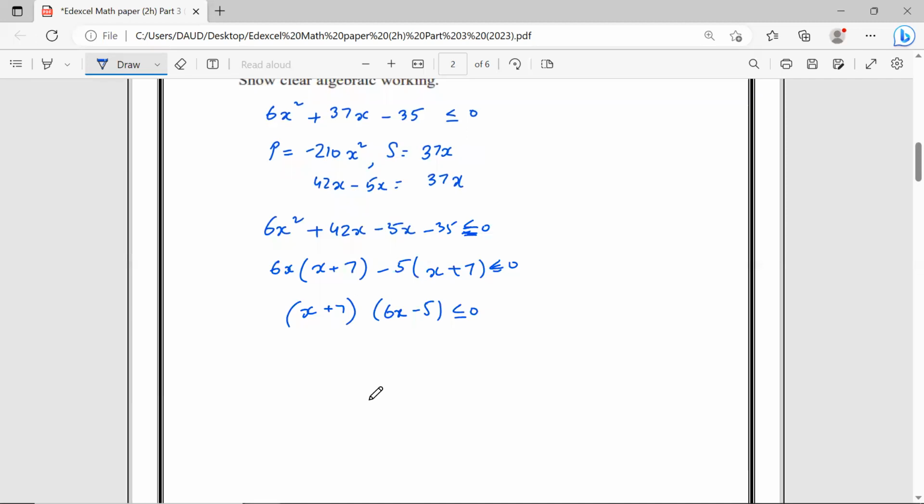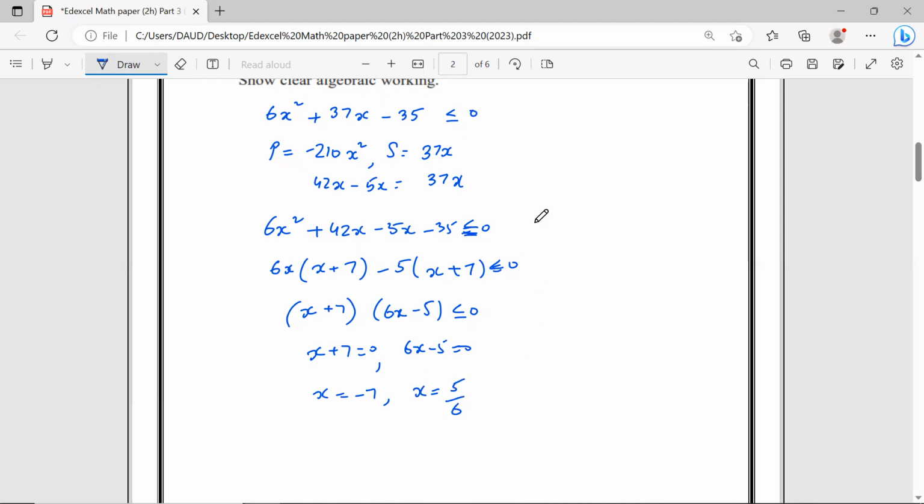Now x plus 7 equals 0 and 6x minus 5 equals 0, so x is equal to minus 7, and x is equal to 5 over 6.